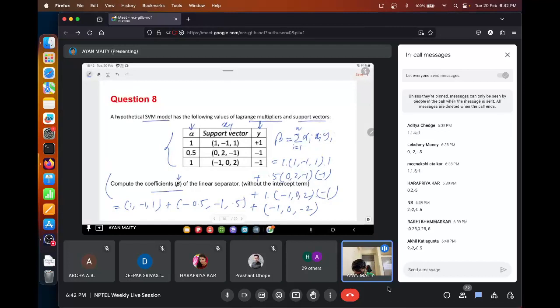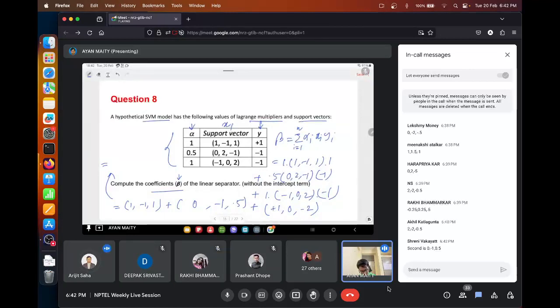Now we have to add these three terms. I might have missed something here. The second term, (0, minus 1, 0.5), should really be (0, 2, minus 1) times minus 0.5, so it is 0, minus 1, 0.5. Negative times negative would be plus 1.